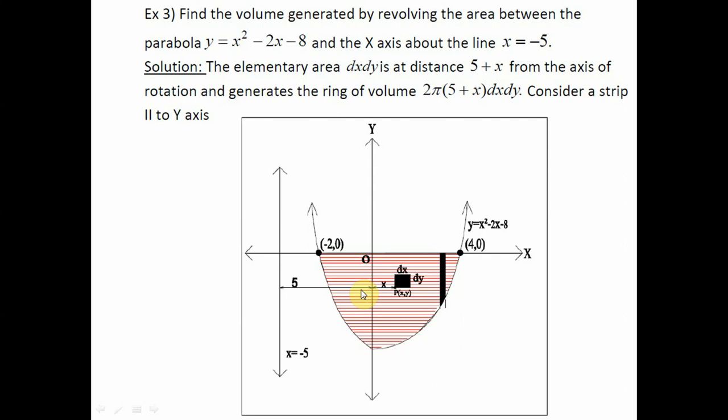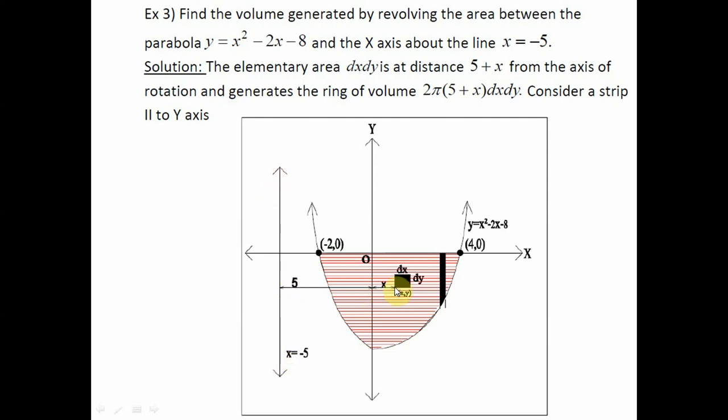Now in this region of integration, here P is the point whose coordinates are (x, y) and dx dy is an elementary area. So the distance of this elementary area from the axis of rotation first we have to find out.